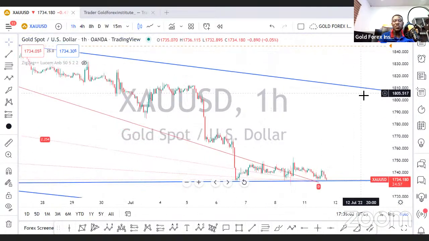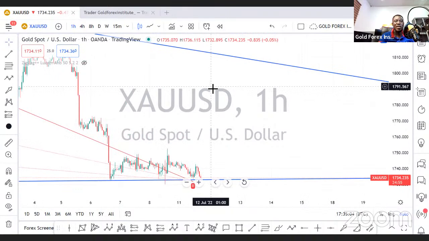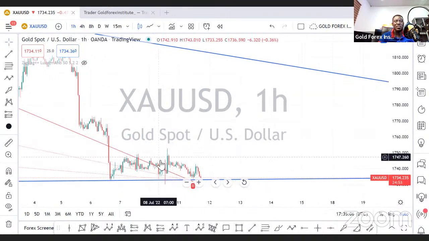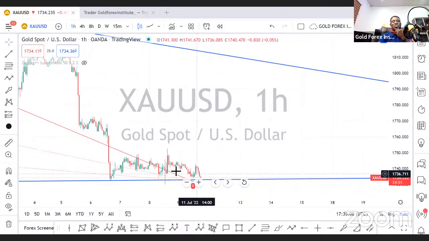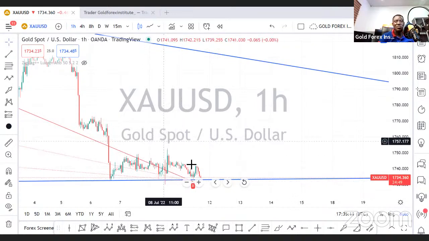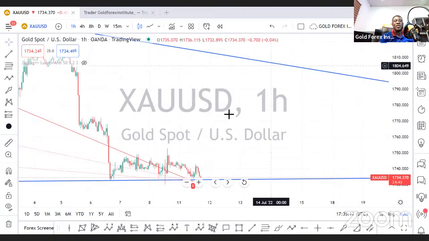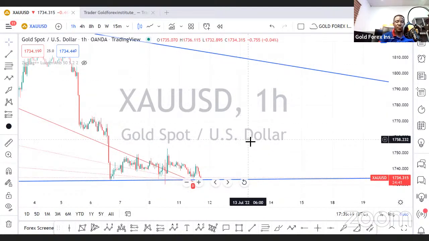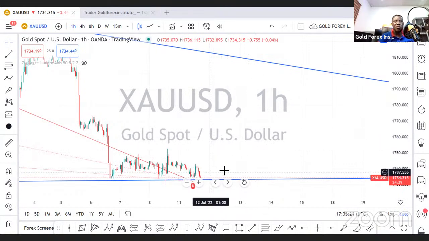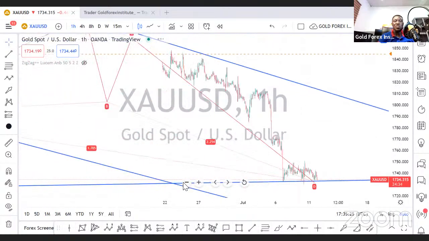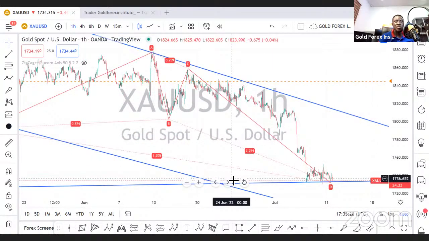You see, this one is forming an ending diagonal, right? So let's wait, at least we should see some breakout to the top here, or a W pattern over here. Then we join the buy. But I don't expect gold to go far deep now. It should start consolidating for the buys.